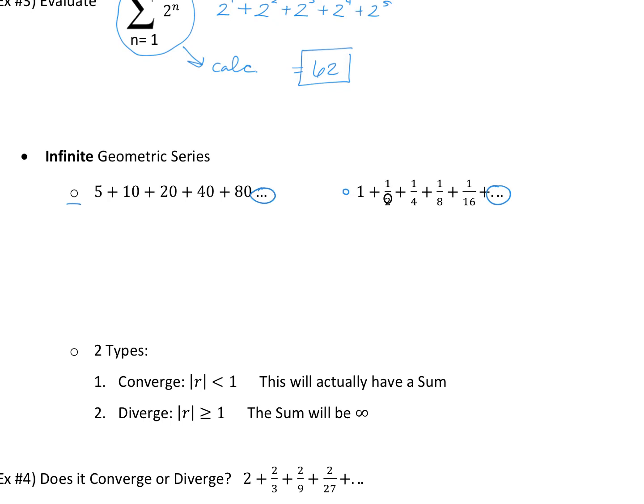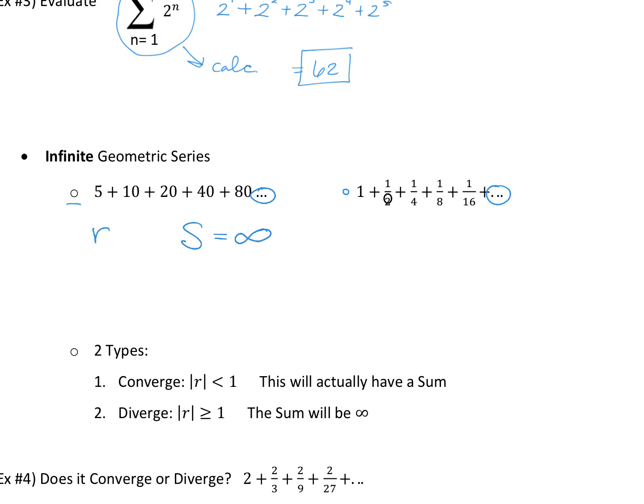If I take 5 plus 10 plus 20 plus 40 plus 80, and I want to find the sum of that geometric series, any thoughts on what our sum is going to be? If it keeps going forever, infinity, okay? Your sum for something like this is infinity. That's your figure 8 on its side, right?